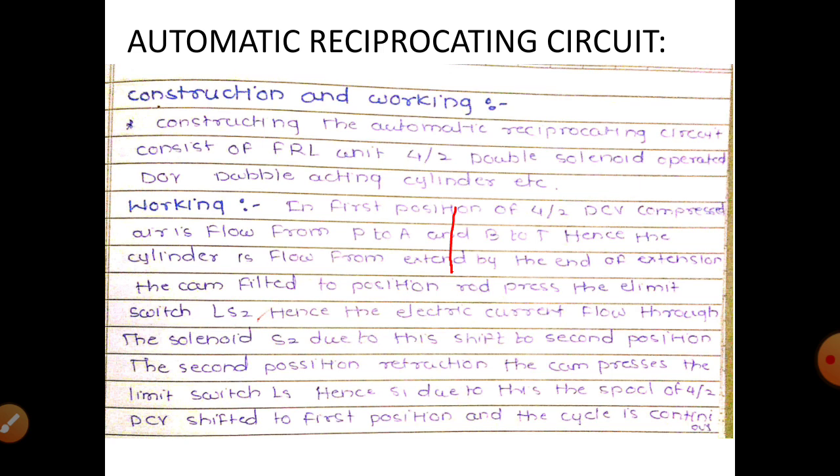Hence the electric current flows through solenoid S2 and the valve shifts to the second position. In retraction, the cam presses limit switch LS1, hence solenoid S1 shifts the 4x2 directional control valve to the first position and the cycle continues.